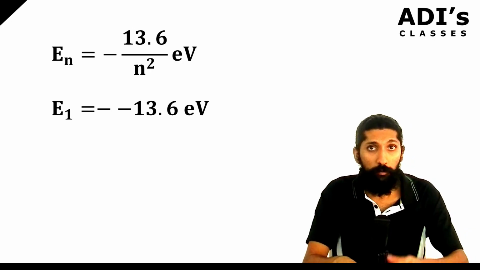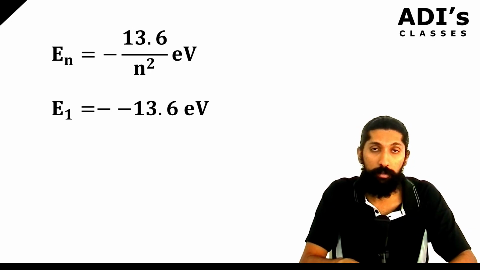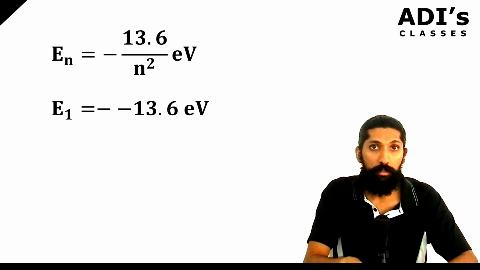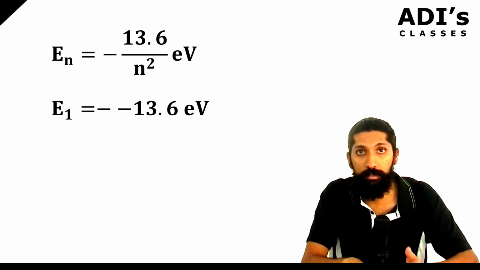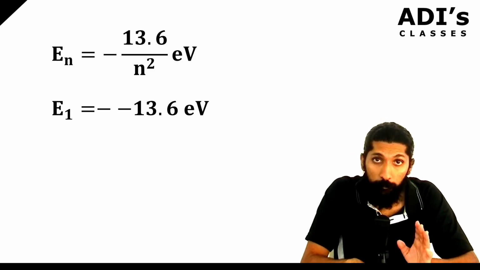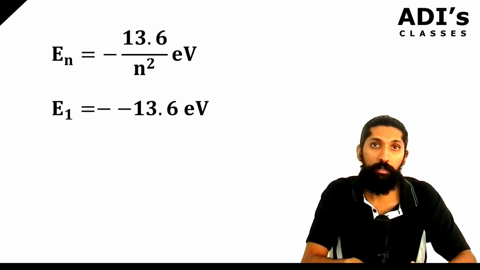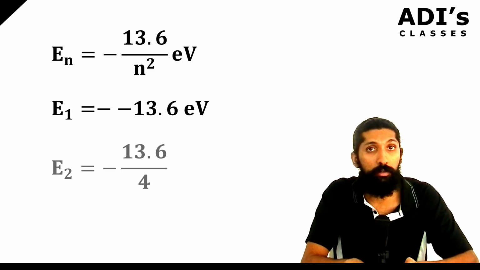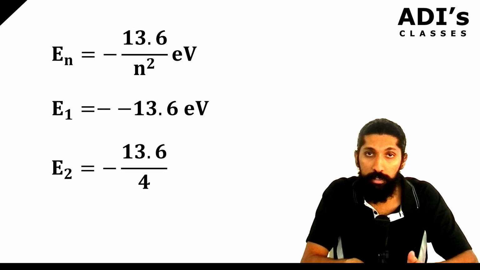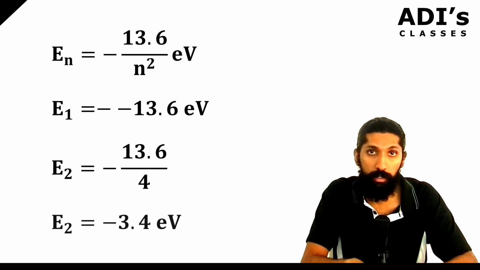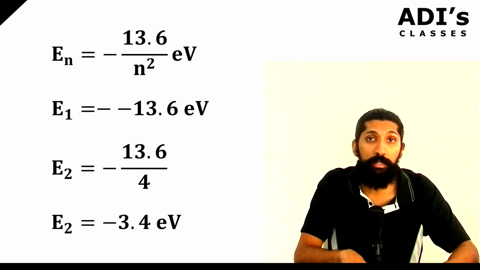That means for the first orbit, n is equal to 1, we have minus 13.6 eV. If n becomes 2, that means for the second orbit, the energy E2 is equal to minus 13.6 divided by 4, correct? Which gives you minus 3.4 eV.